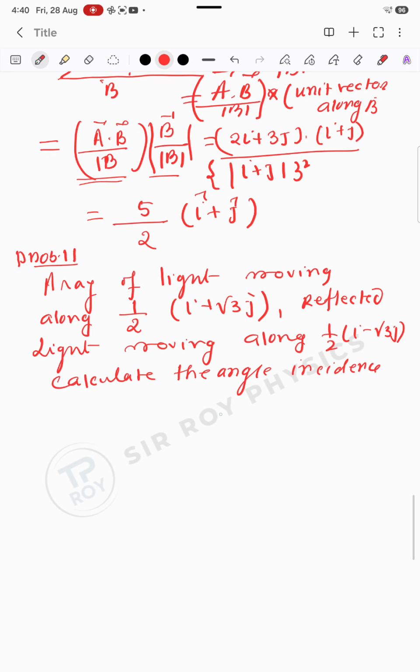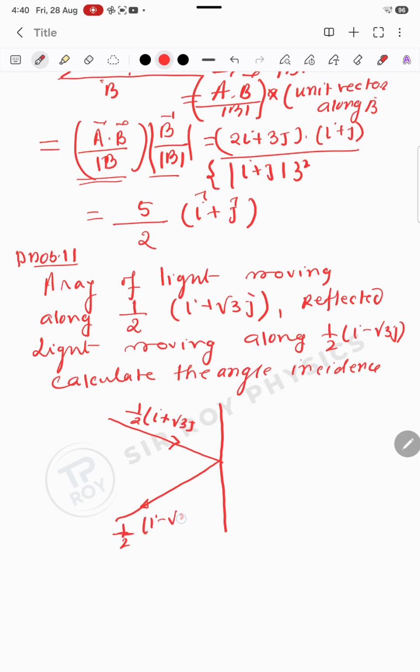You draw one mirror, and this is the vector i plus root 3 j, it is reflecting in that way. That is half i minus root 3 j.